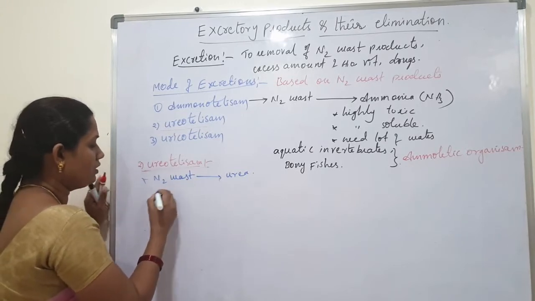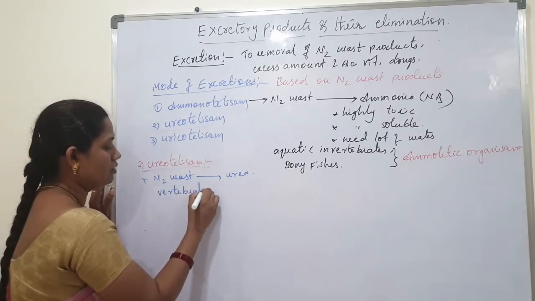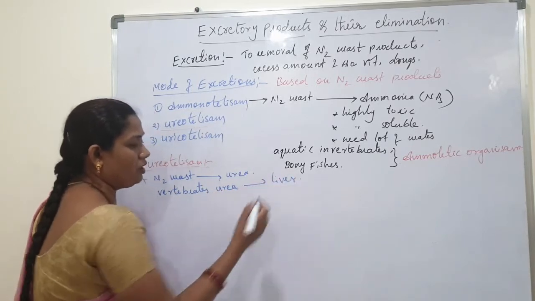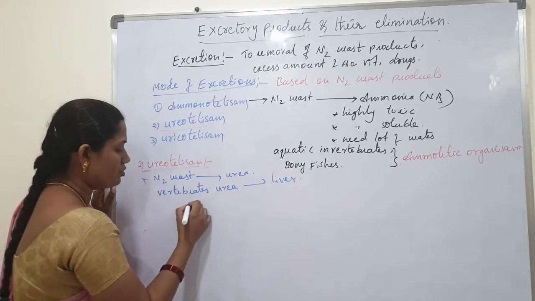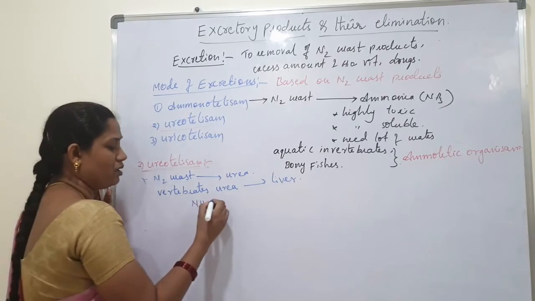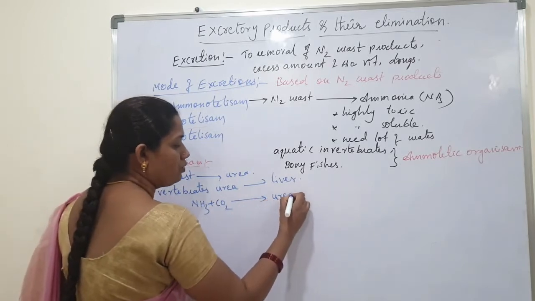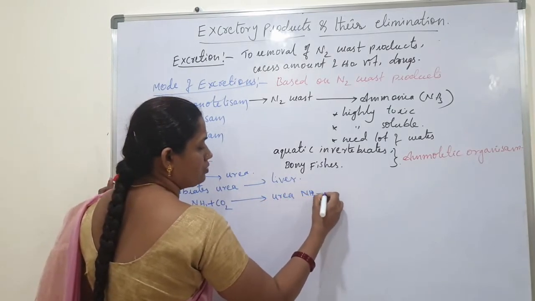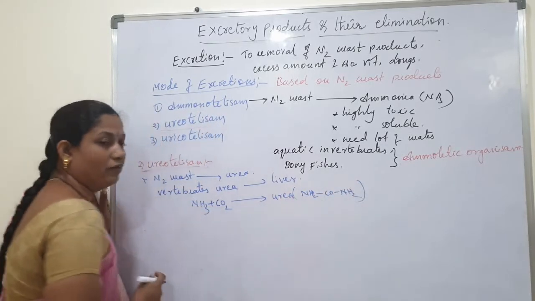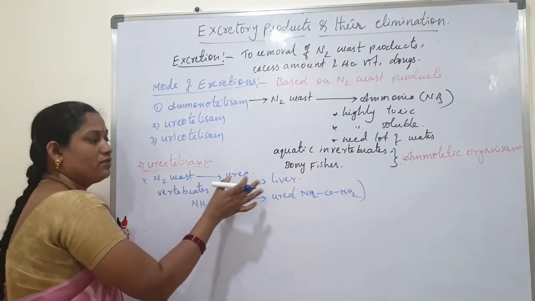In vertebrates, the urea is formed in the liver. In the liver, first the nitrogenous waste product, ammonia, is formed. That ammonia reacts with carbon dioxide to form urea, NH2CONH2. So urea is formed in the liver.